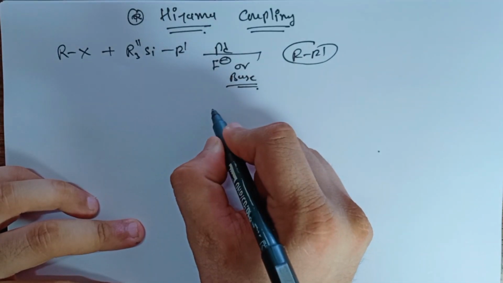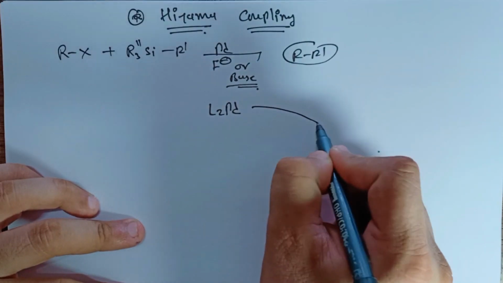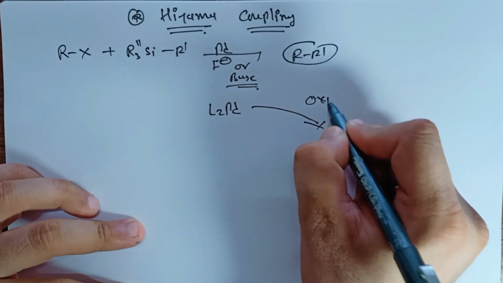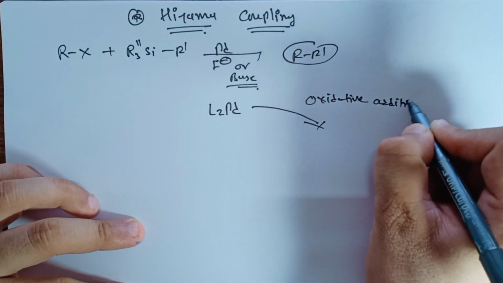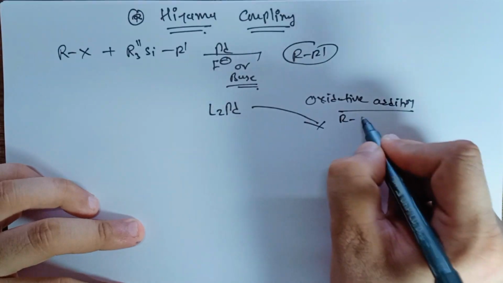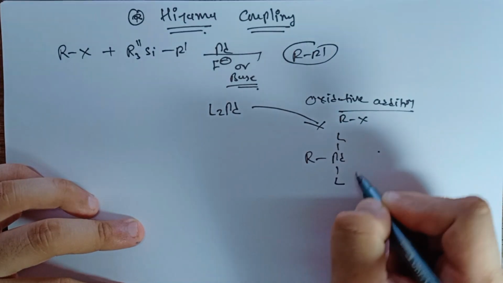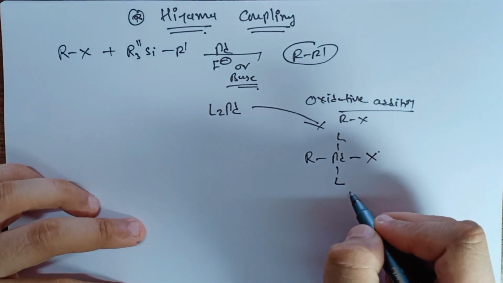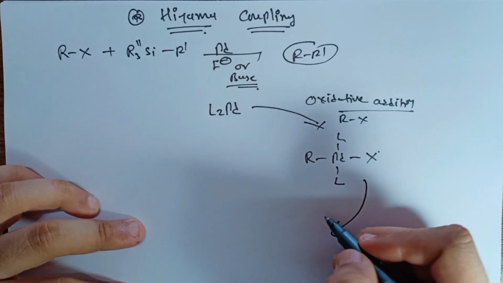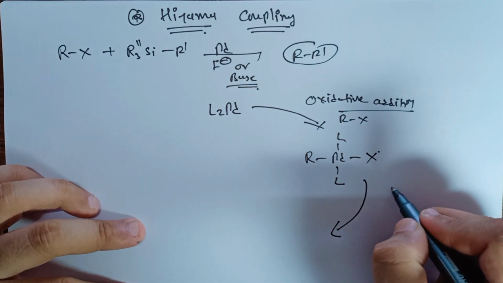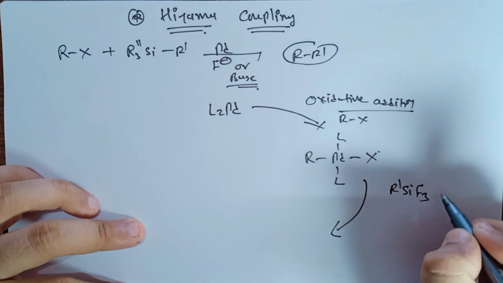So let us start with our basic L2 palladium over here. By the help of the oxidative addition reaction with the RX group, it is converted to the R palladium ligand X over here. Now this molecule is reacted with R dash SiF3.